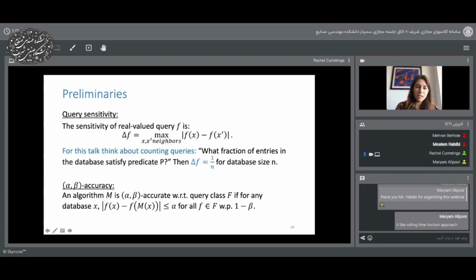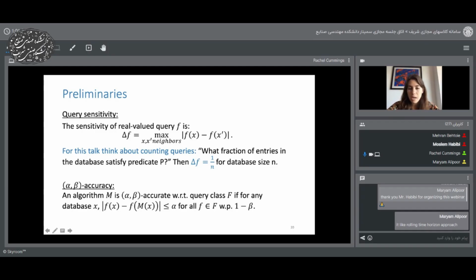I'm being a little bit imprecise here. It should be the function evaluated on the data compared to the function evaluated using whatever the output of the algorithm is.